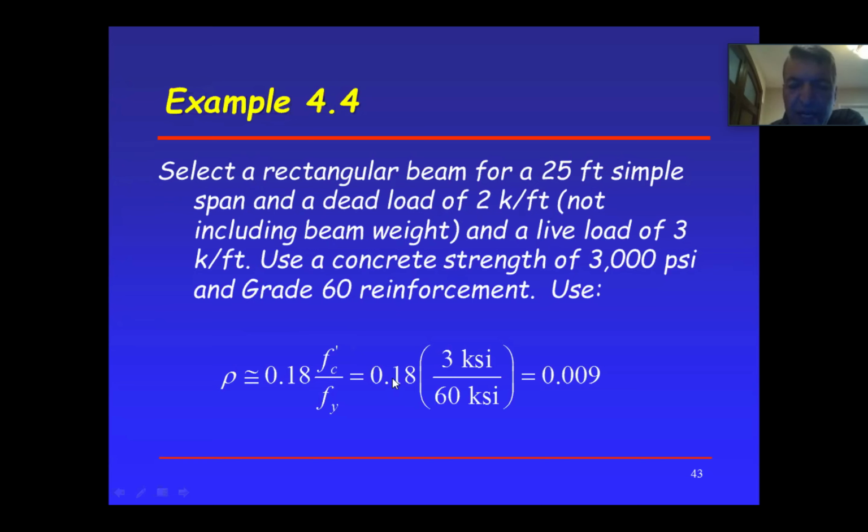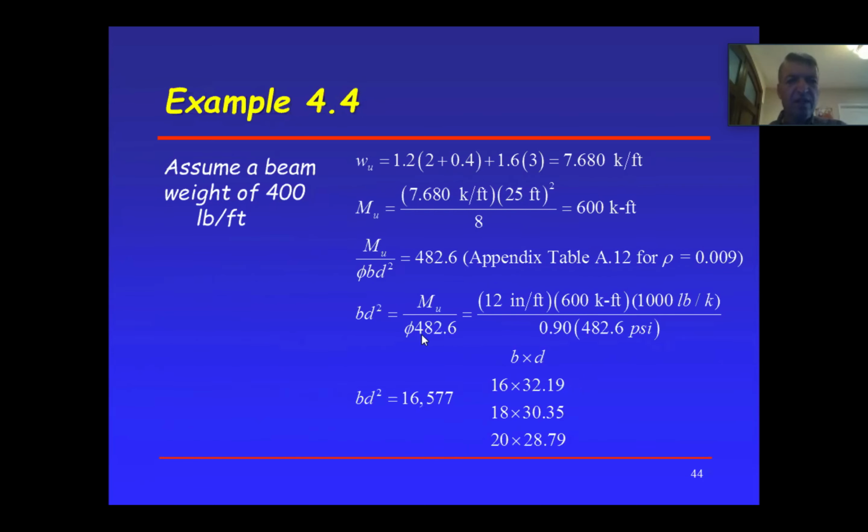So 0.18, f'c is 3, and fy is 60, so 0.009. Notice rho, like I mentioned, is close to 1%, because this is 0.9%. The one we just did was 1.2%, so 1% is roughly close. Okay, so this is another way. See this?